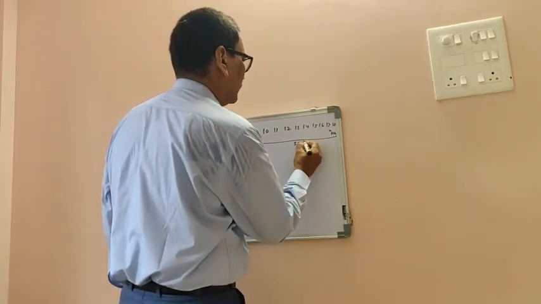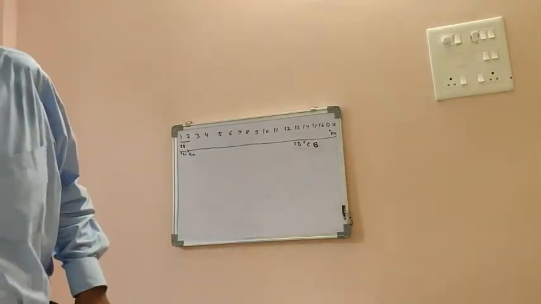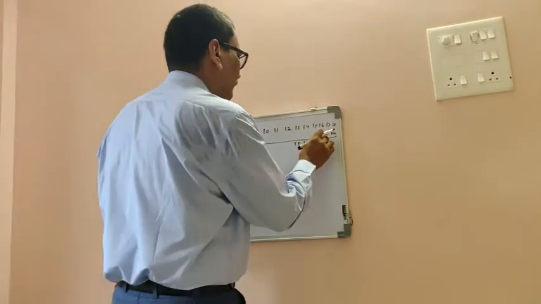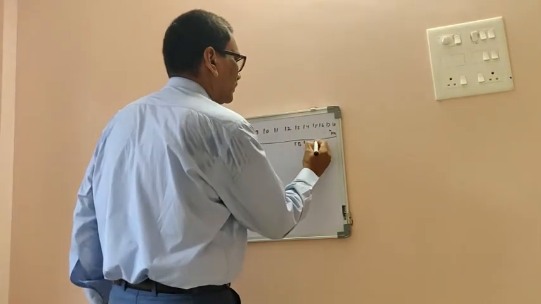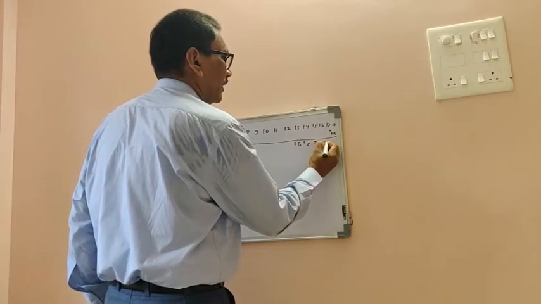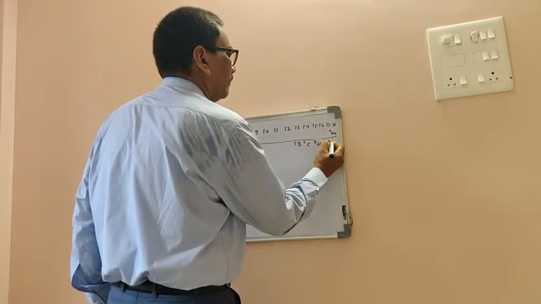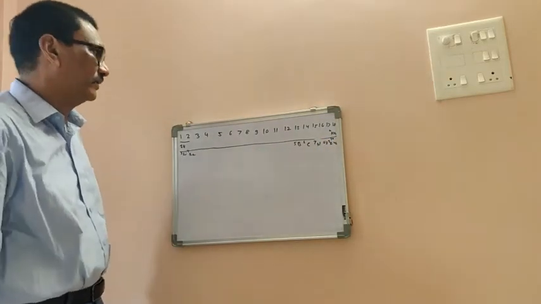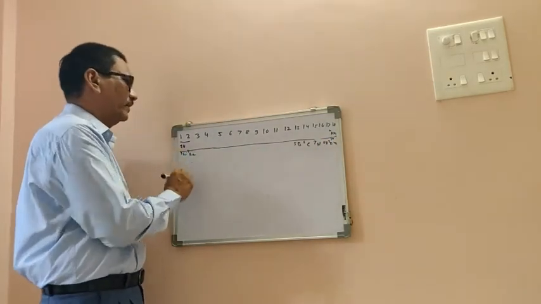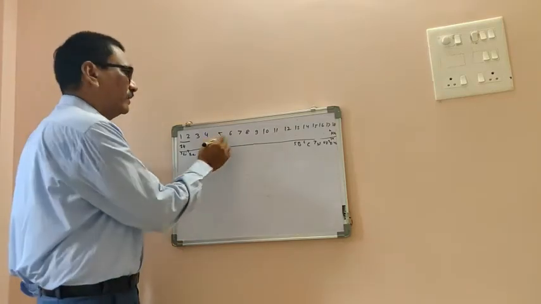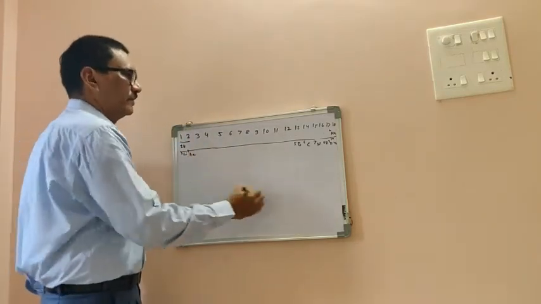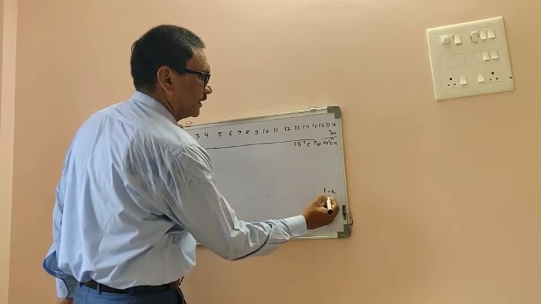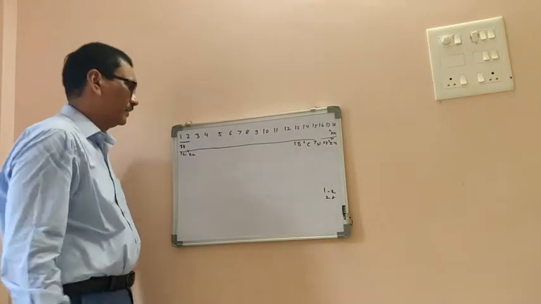Then carbon 6, nitrogen 7, oxygen 8, fluorine 9, and then neon 10. Like that, the elements are arranged here. So this is the second period, which is again a short period. The first period contains 2 elements. The second period contains 8 elements.